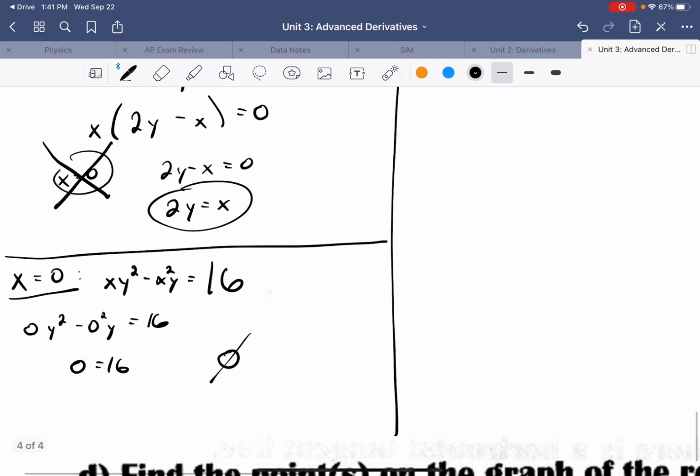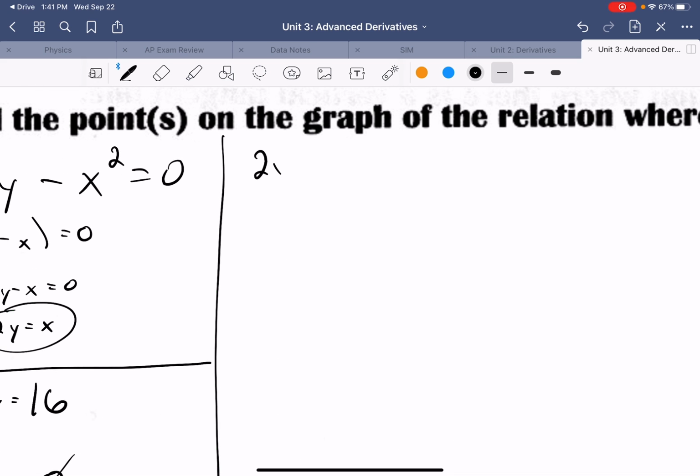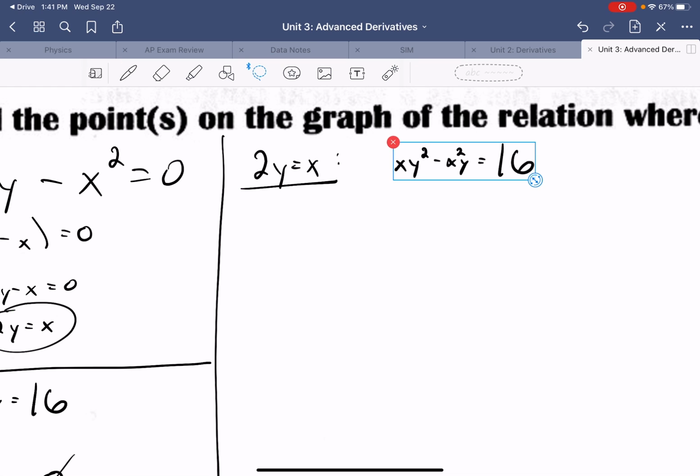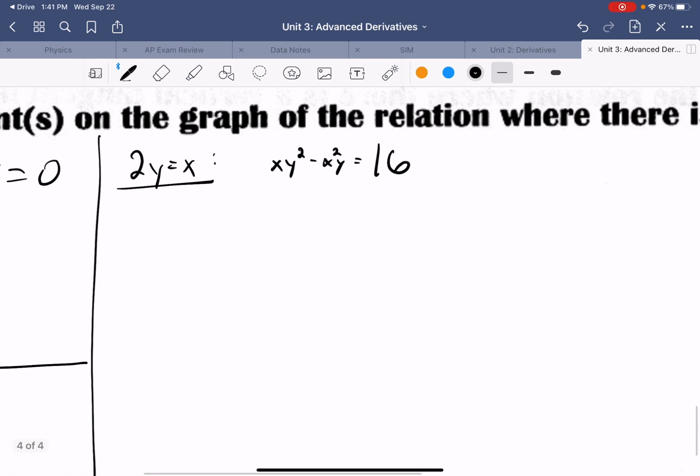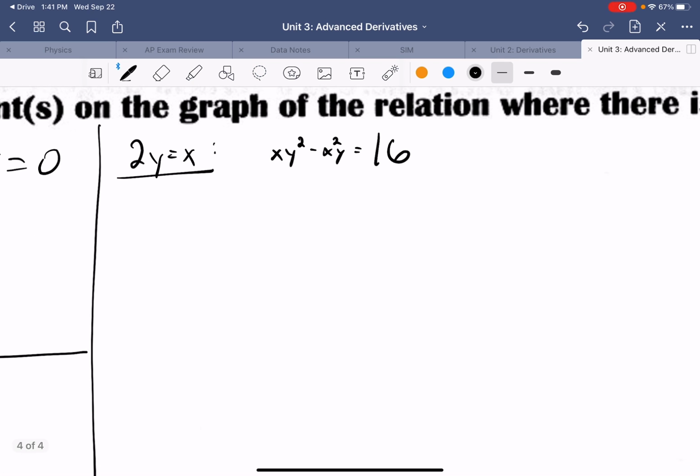So now we have to check 2y equals x. So I'm going to plug that into that equation. That's solved for x, so I'm going to replace all the x's inside of this original equation with 2y. So I'm going to start off with 2y, and then it's y squared minus 2y squared times y equals 16.